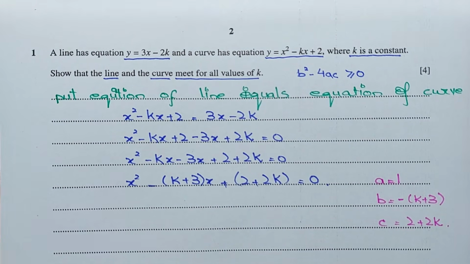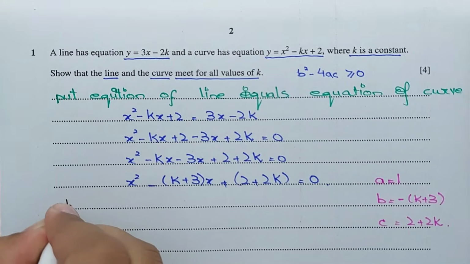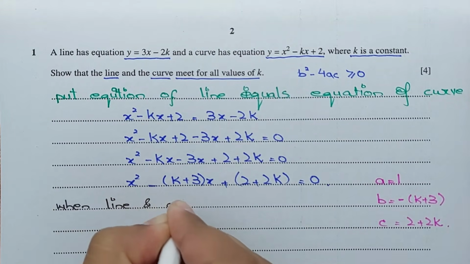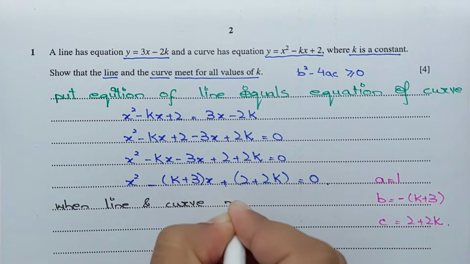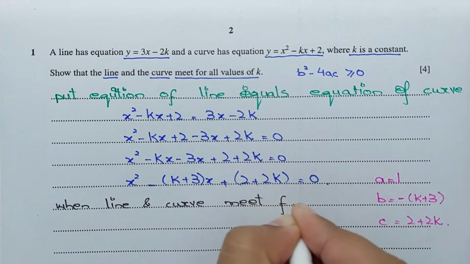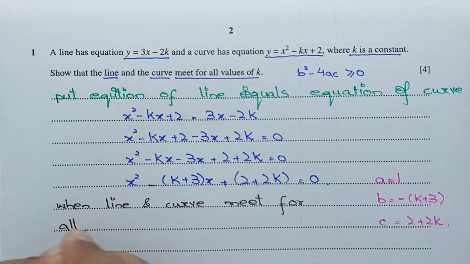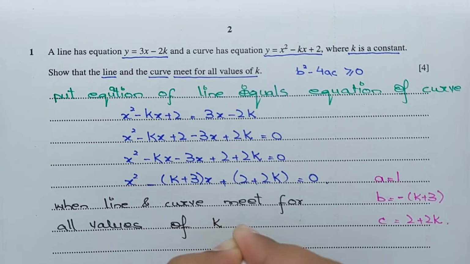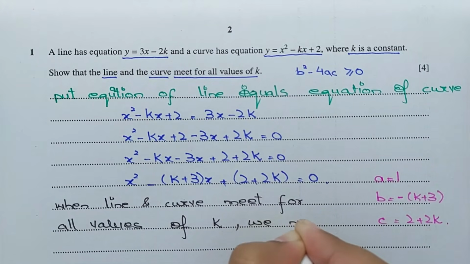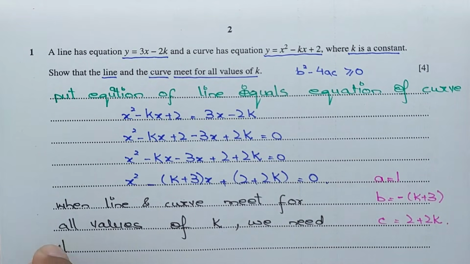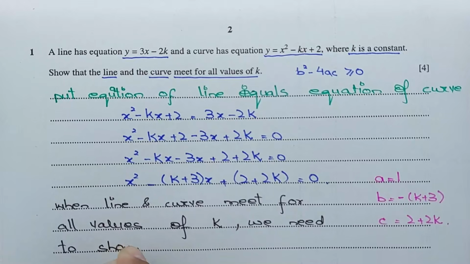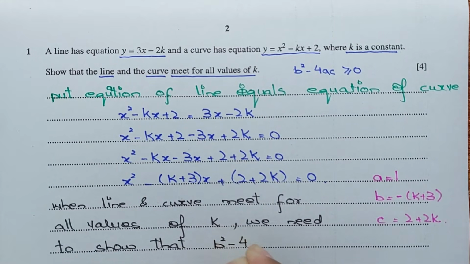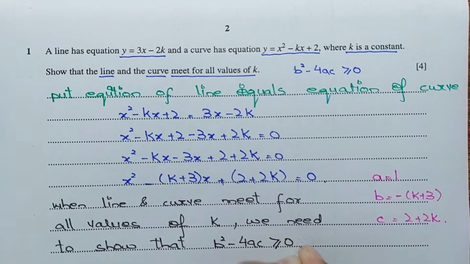Now we need to show, when line and curve meet for all values of k, that b square minus 4ac should be greater than or equal to 0.